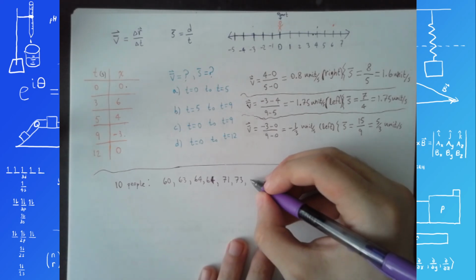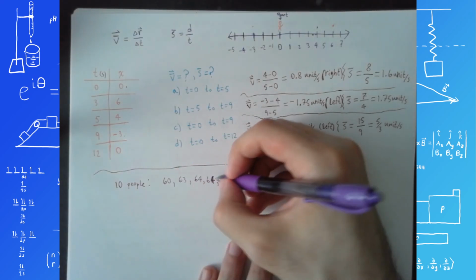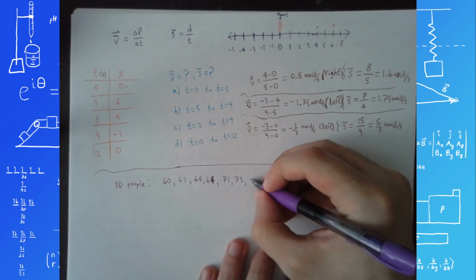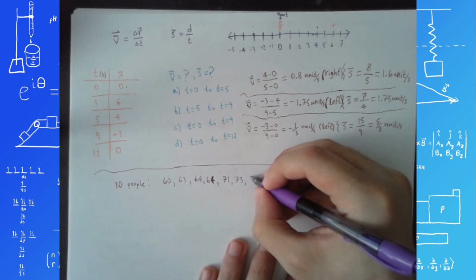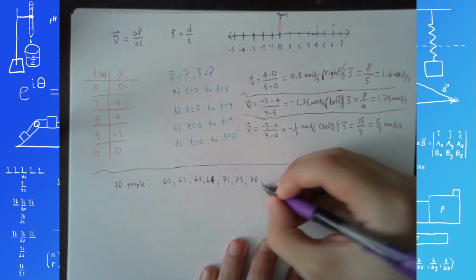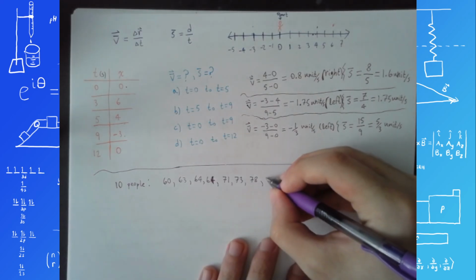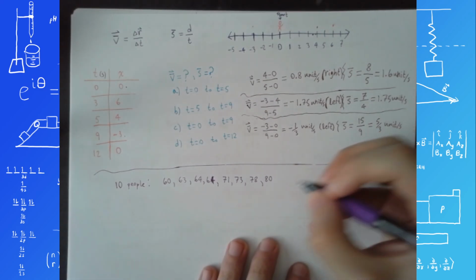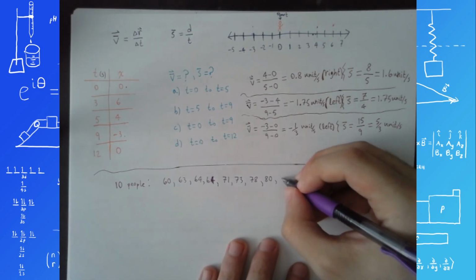And let's say, that's 1, 2, 3, 4, 5, 6. And let's say the next score is like 78. And then you have some 80s.